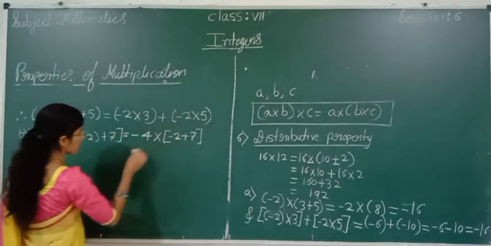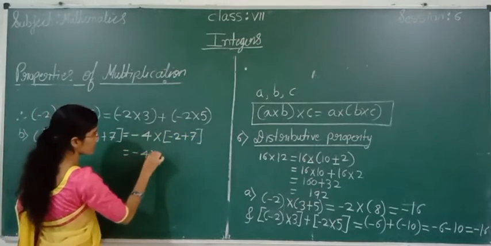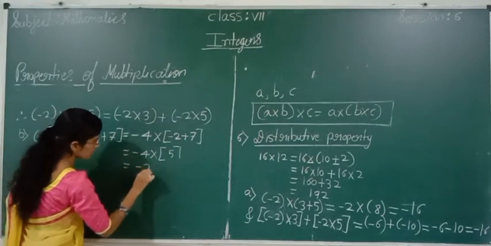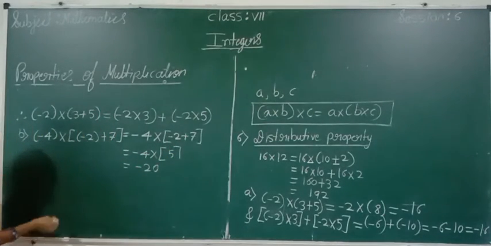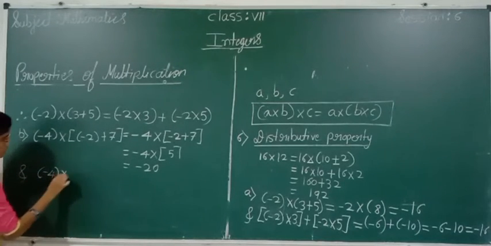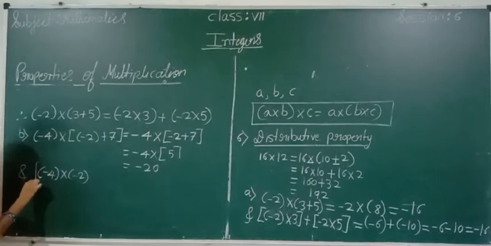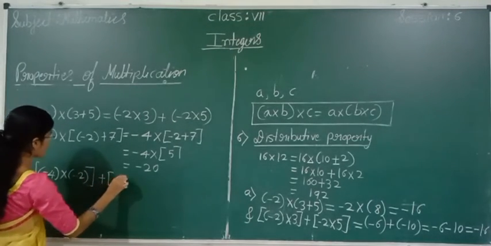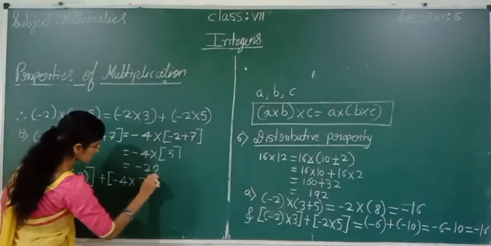It will be minus 4 into 5. 5 4s are 20, minus 20. And minus 4 into minus 2 plus minus 4 into 7.